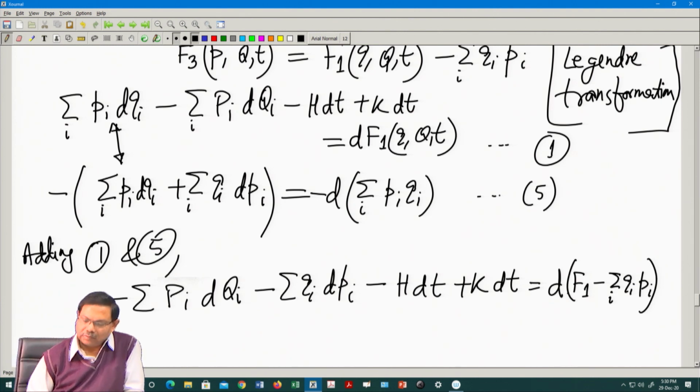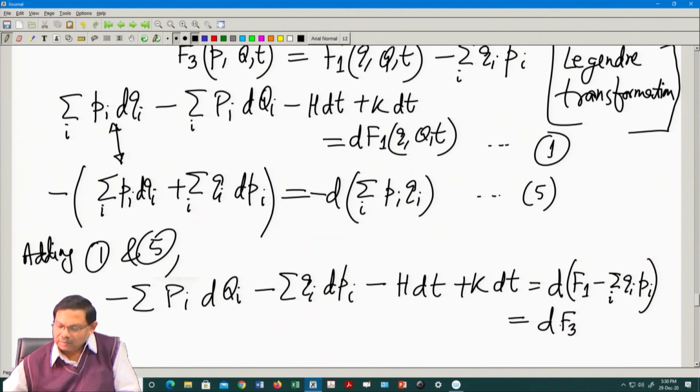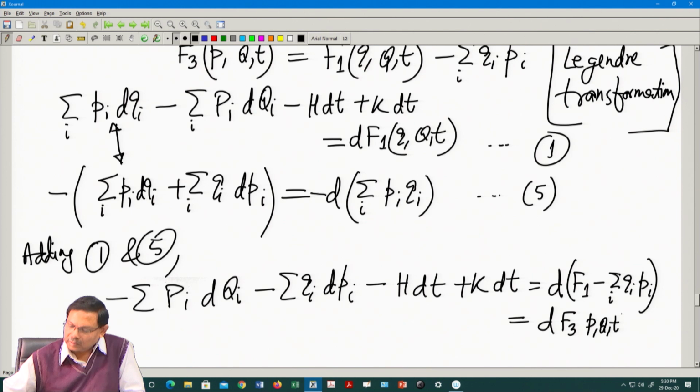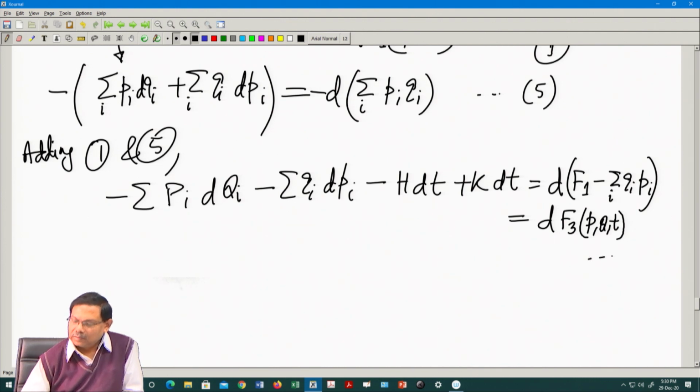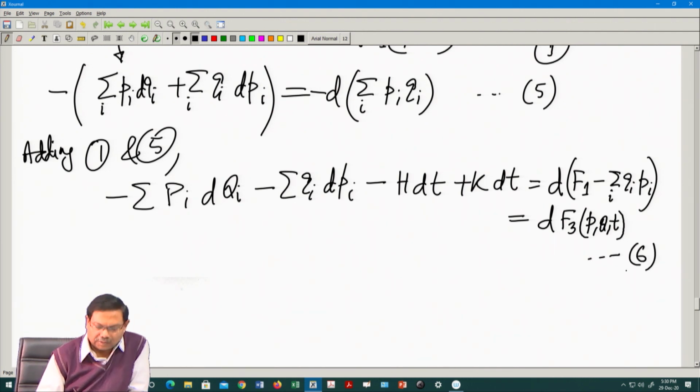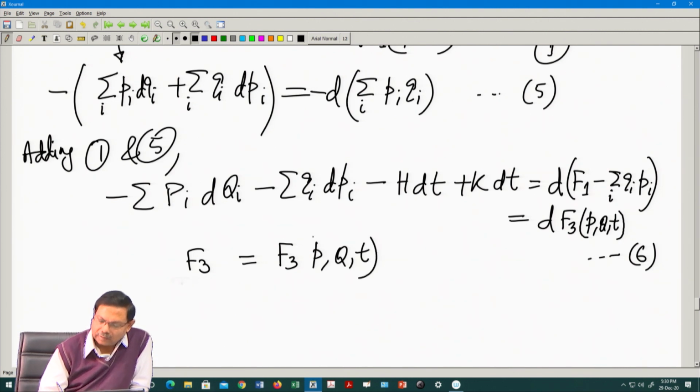That is what we are going to get, and this is what we are calling F3, and F3 is going to be a function of p, Q and t by Legendre transformation. That is what we have done. Okay. So, this is 6. Formally, F3 is a function of p, Q and t.